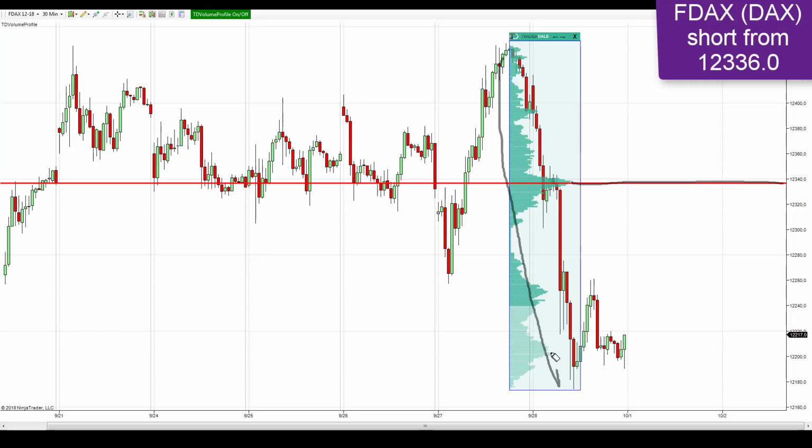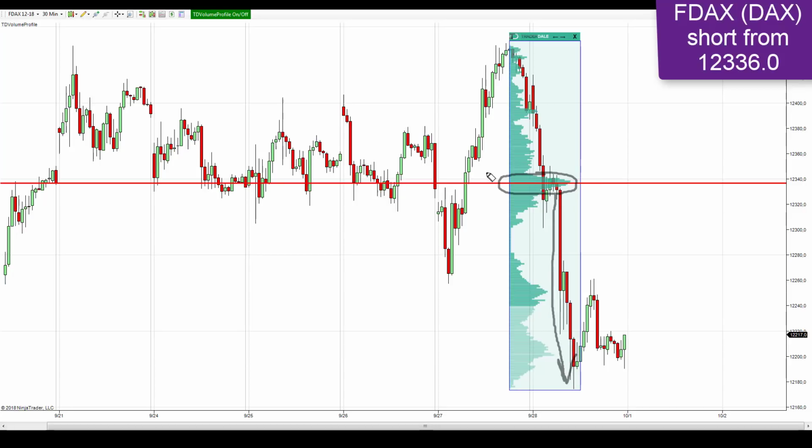There was a strong sell-off on DAX on Friday, and within this sell-off, those really heavy volumes got accumulated in this area. Then the selling activity continued, and I think that in this area a lot of selling volumes got added to the market.